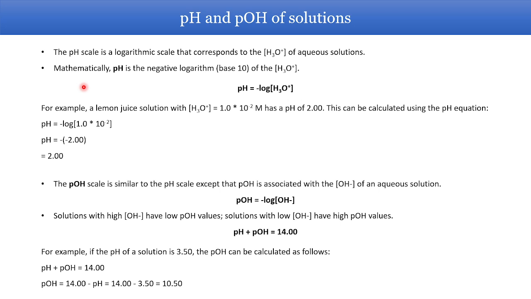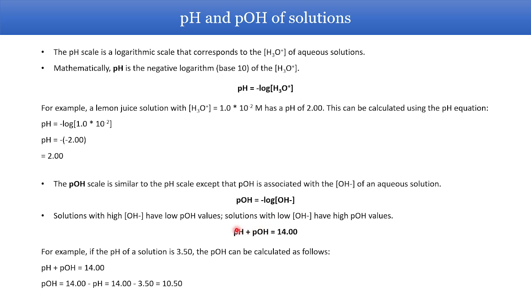And we know that pH 2 means it's an acidic solution. However, the concentration of the hydronium ions is very important when we want to put this value in different calculations. Similarly, the pOH scale is the negative logarithm to the base 10 of the hydroxide ion concentration of a solution, so pOH is minus log of hydroxide ion concentration.